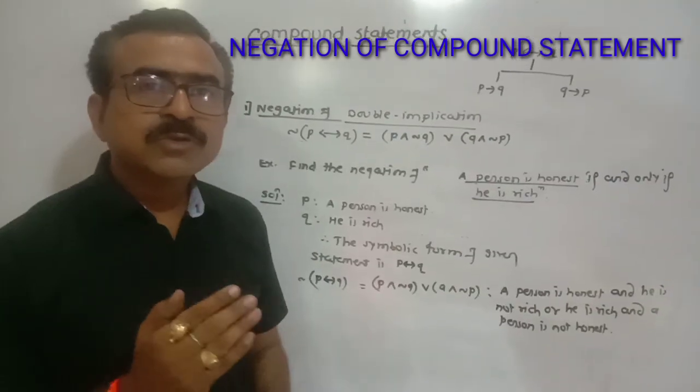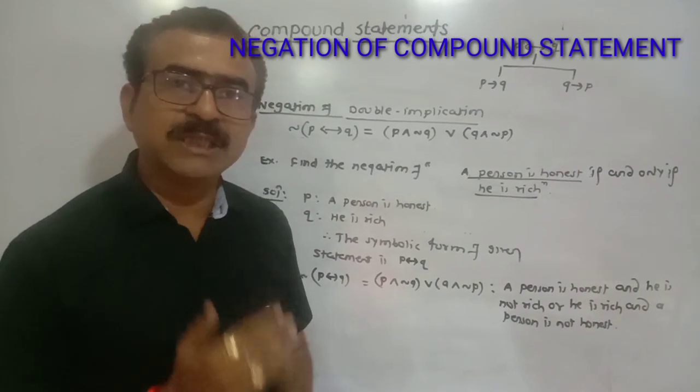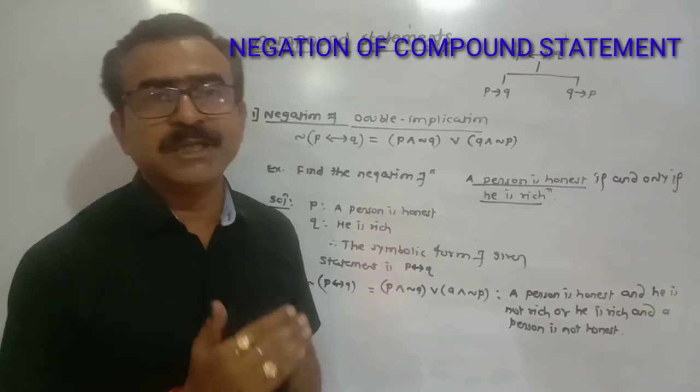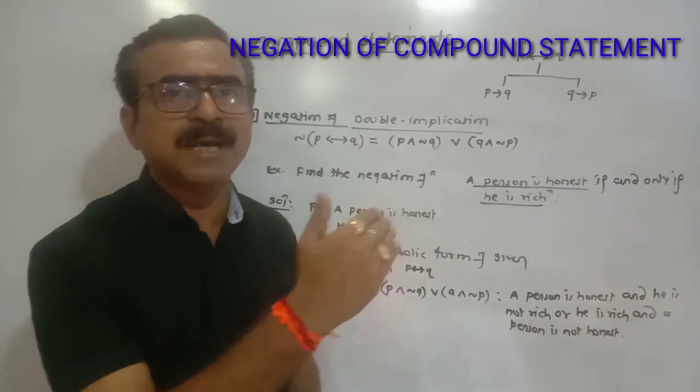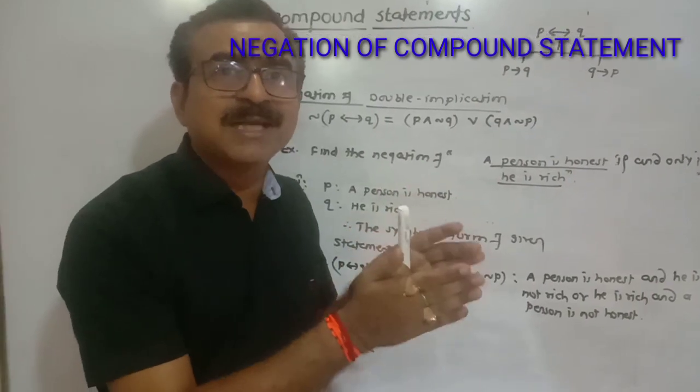Understood? So friend, here we have completed the negation of conjunction, negation of disjunction, negation of implication or conditional, and negation of double implication or biconditional. Okay? So this complete portion is summarized in one table.